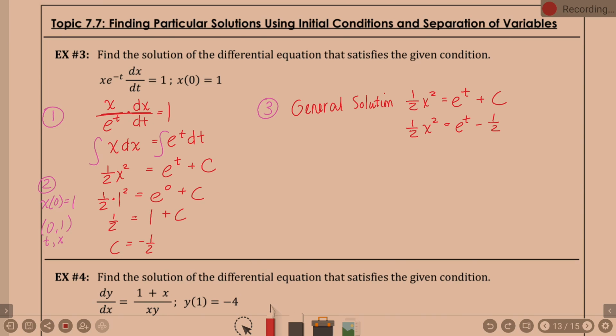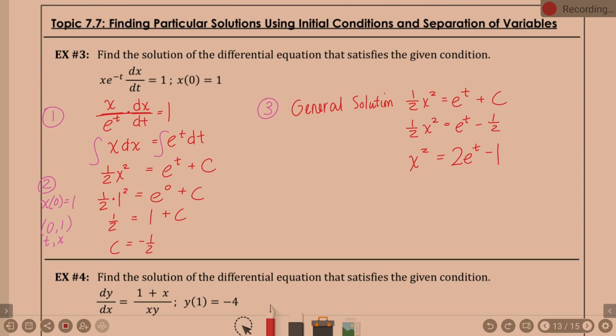Now, there are some fractions in there. And so what could I do? Multiply the whole thing by 2, and then it becomes x squared equals 2 e to the t minus 1. Okay? And again, we're trying to solve for x here.